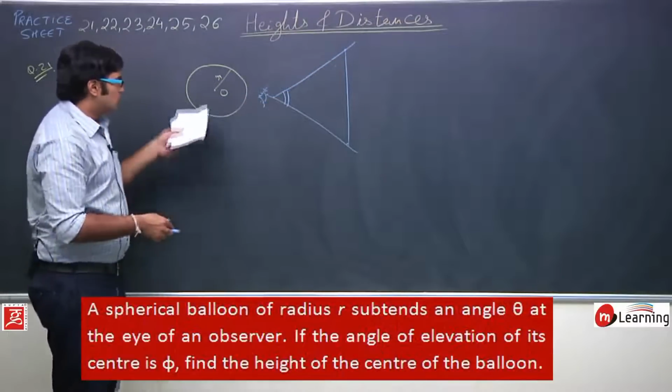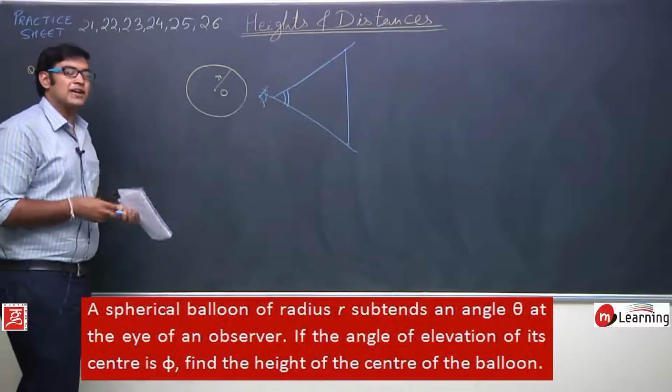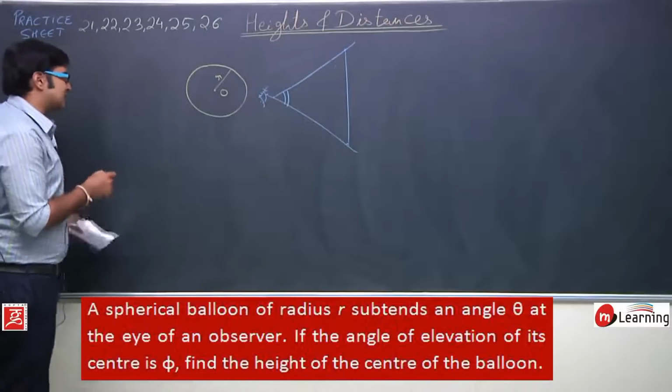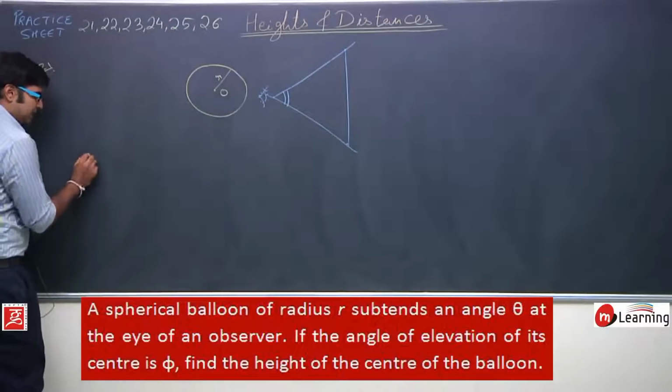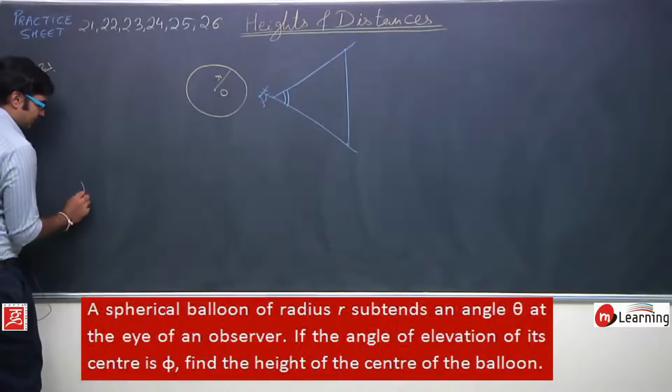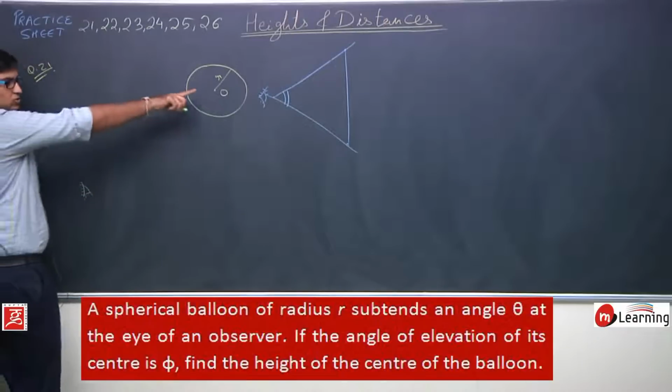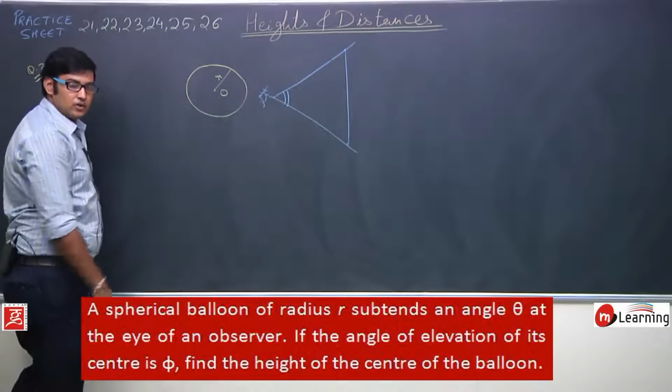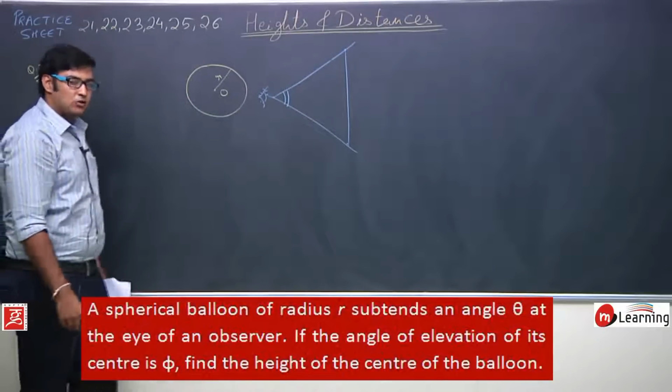So for this balloon, if I want to look at this balloon, let us say a person is standing somewhere here. Now he wants to observe this balloon. So what does the angle subtended by balloon mean?